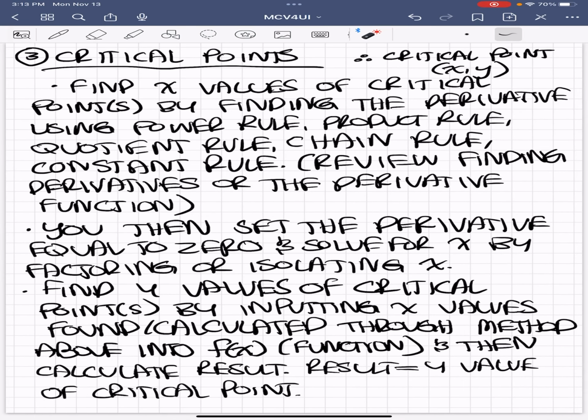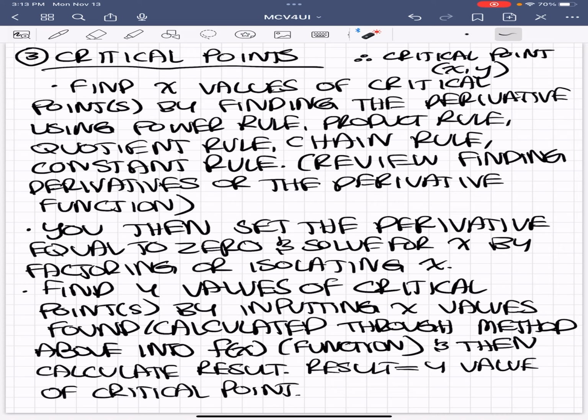Critical points. To find x values of critical points, you find the derivative using power rule, product rule, quotient rule, chain rule, and constant rule. So that's some backup knowledge there. You're going to be using what you've learned in advanced functions and calculus thus far in order to do curve sketching.